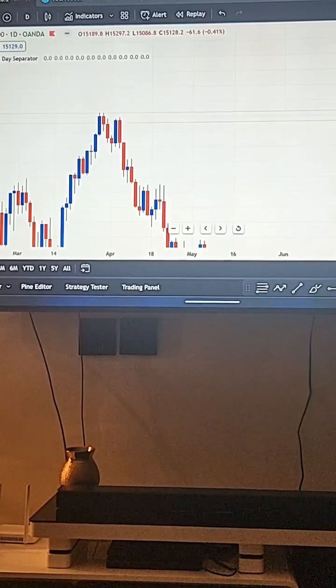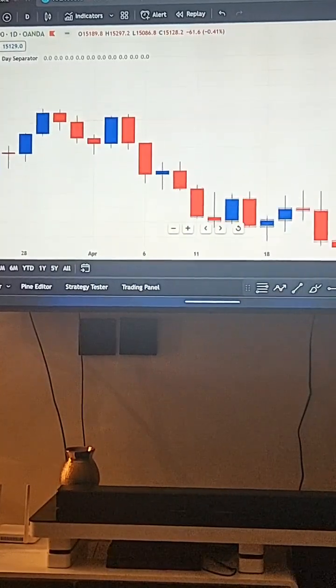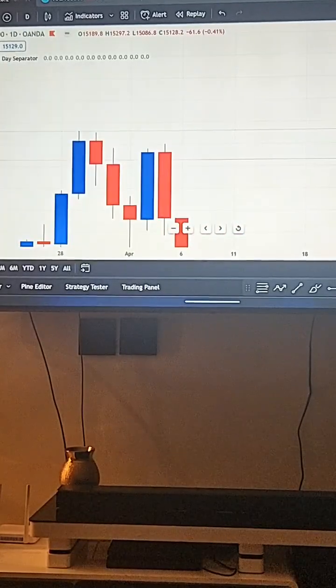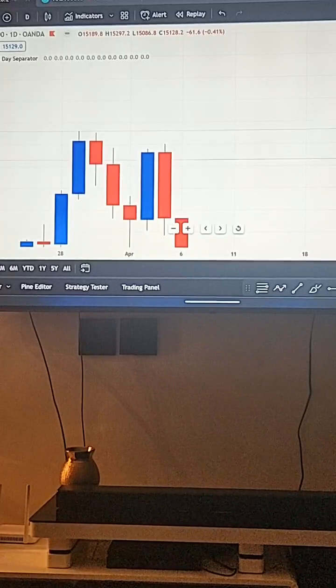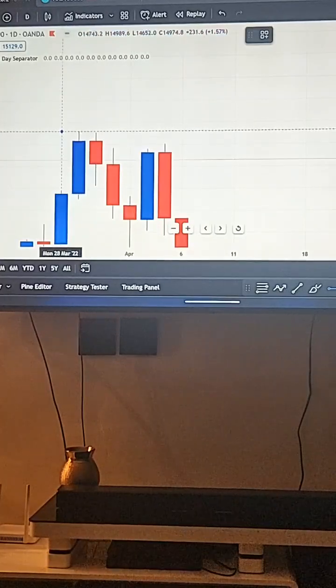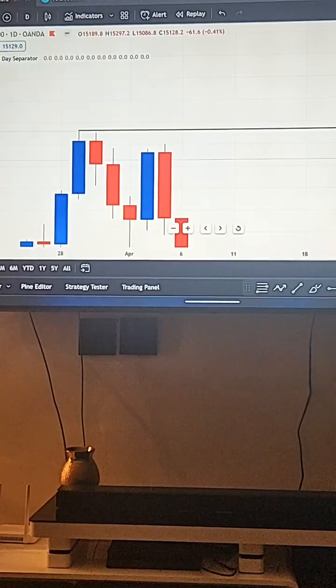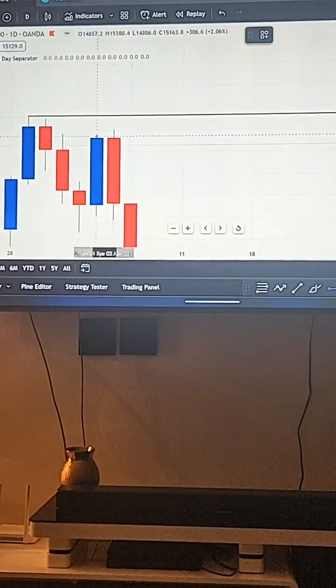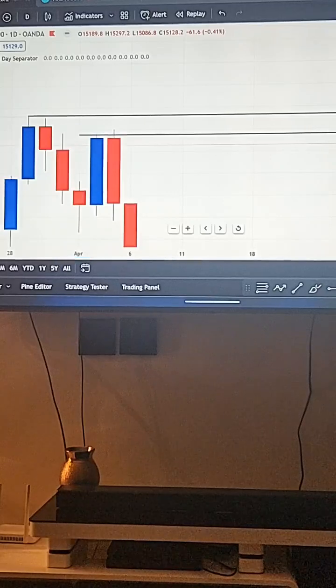Funny enough though, not once at that level have they trapped the buyers. So if you look over here, there's still this liquidity sitting at the top over there. They trapped them over here, but didn't trap them at that high.